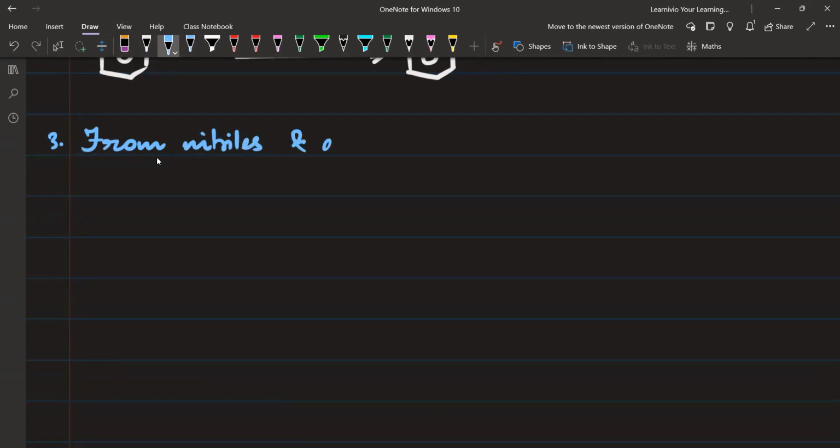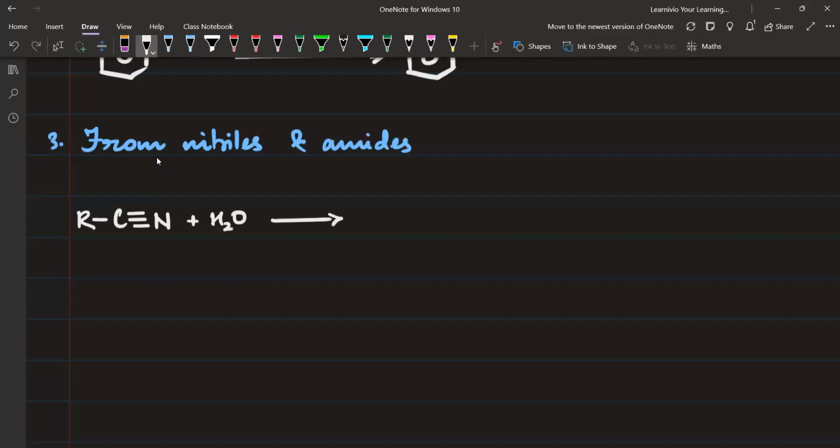From nitrile and amide. So when we start with nitrile, add water here. On addition of water, I will get amide. The oxygen will go to carbon and both the hydrogens will go to nitrogen. Basically, first OH and H go, then once again hydrogen is taken by the nitrogen from the oxygen, then you will directly get R C double bond O NH2.